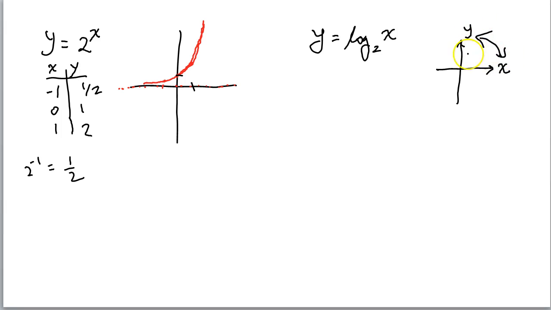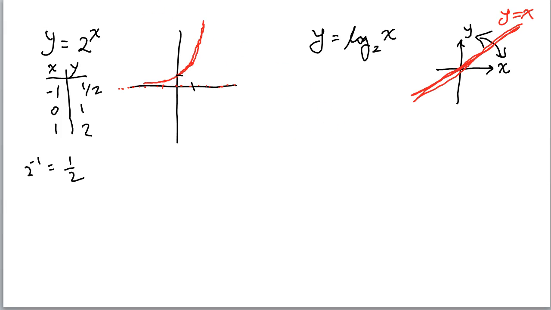So if you switch x and y, that's like flipping the graph over the diagonal line, which we call y equals x. If x goes to y and y goes to x, that's like taking a sheet of paper and flipping it over y equals x.